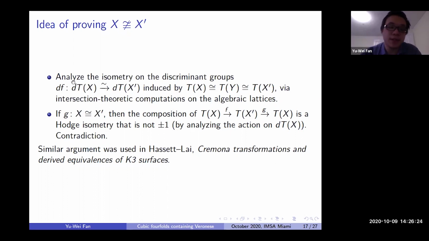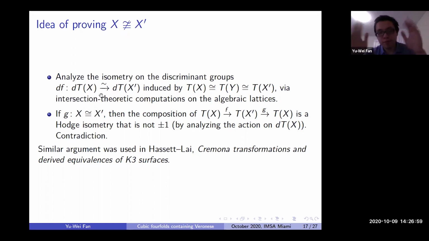So it's a cyclic group of order 20. And there's another canonical identification of the discriminant group of Tx prime with Z20. So we can represent this map by multiplication in the group Z20, and this map can be computed.